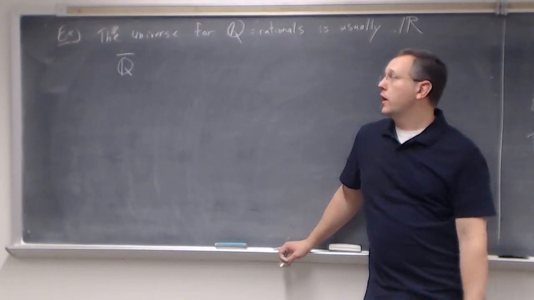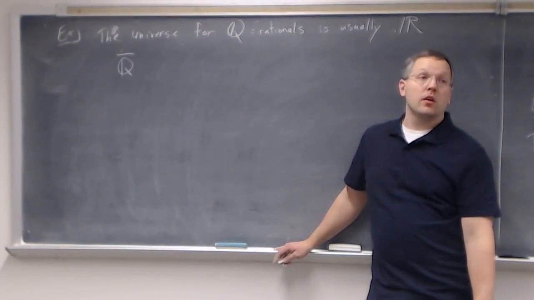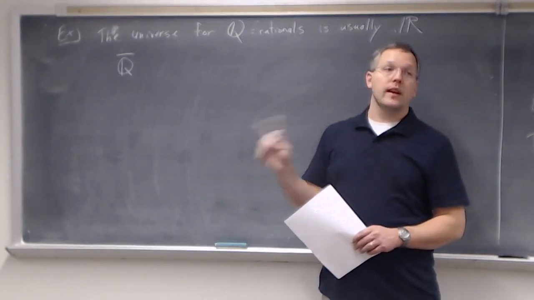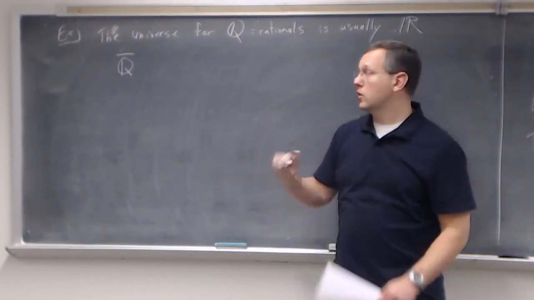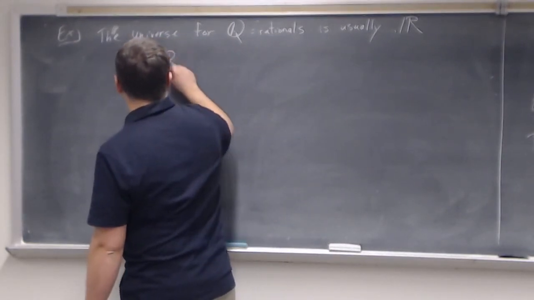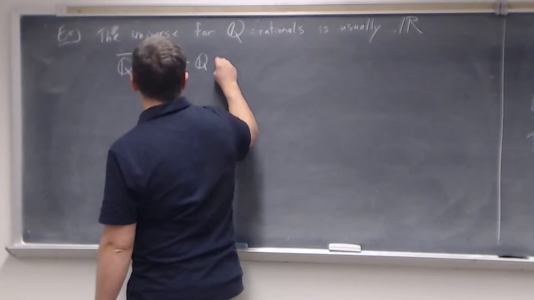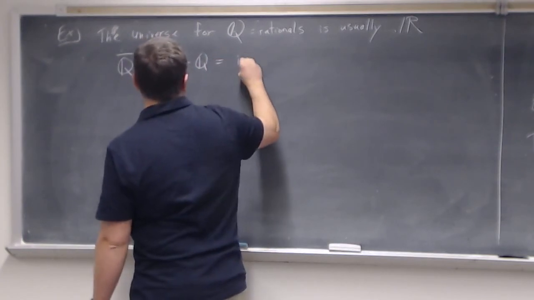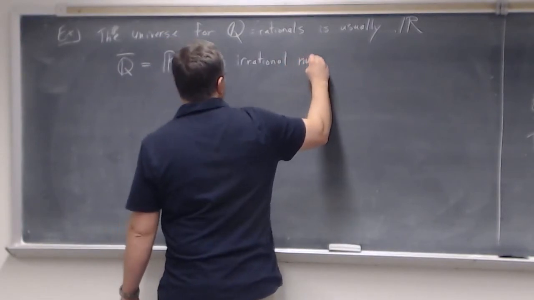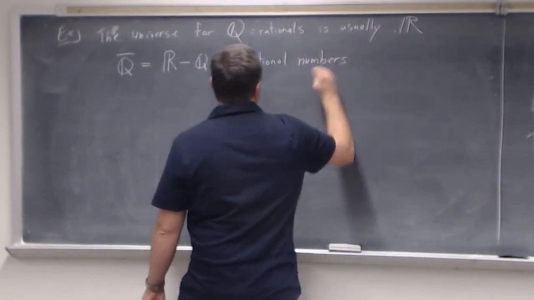Any real number can either be written as a fraction of integers or cannot. That partitions all real numbers. So the real numbers take away the rationals, we call that the irrationals.